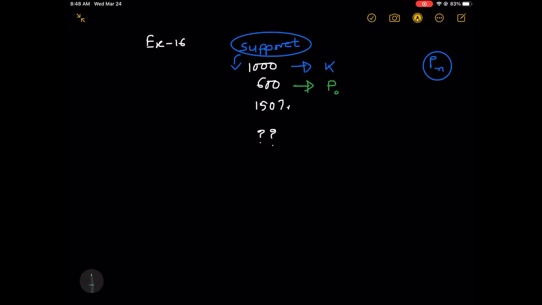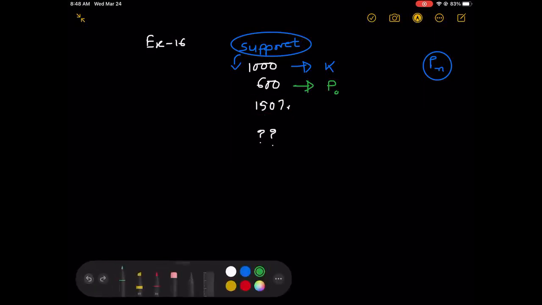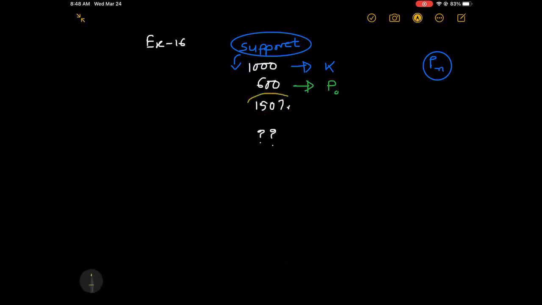Again, you're fortunate enough that the question already has written it for you, that the growth rate is 150%. Even if it was not written, you can eyeball it and see that this is nothing but the growth rate, right? So clearly, this is our R, but we'll try to convert it to decimals.